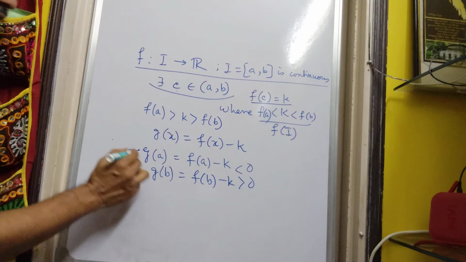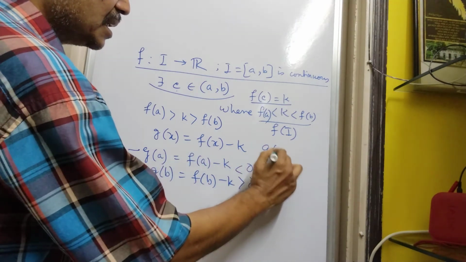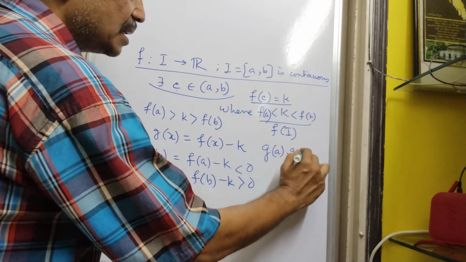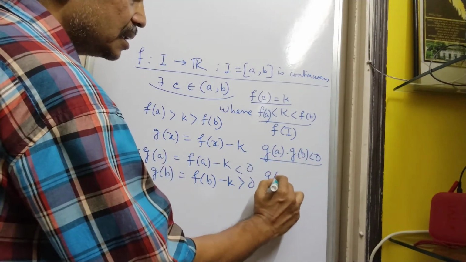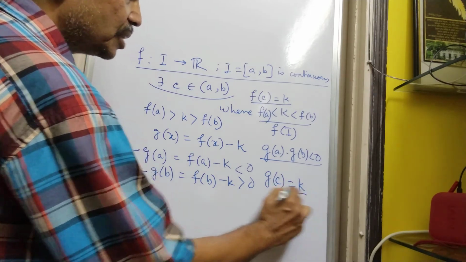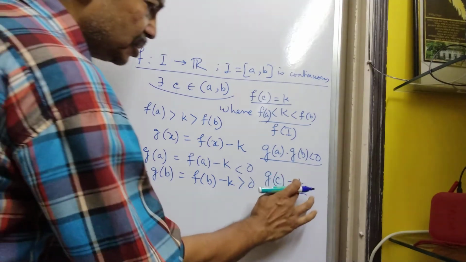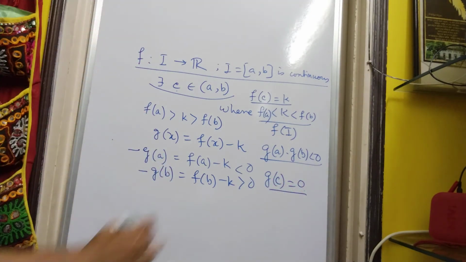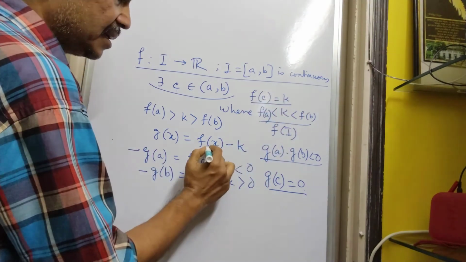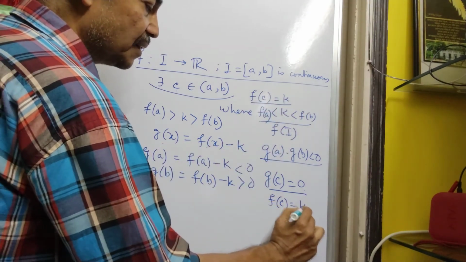And since g(a) and g(b) change sign, that means they are of opposite sign, we have g(c) equal to 0. That means f(c) equal to k, which is our motto.